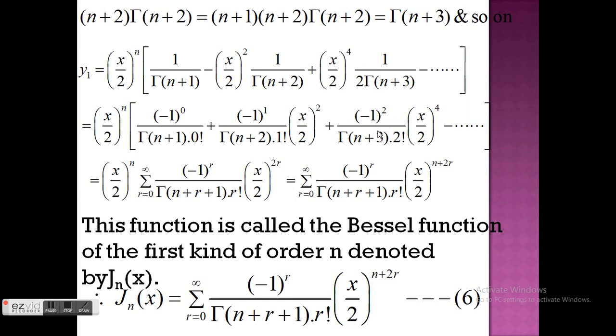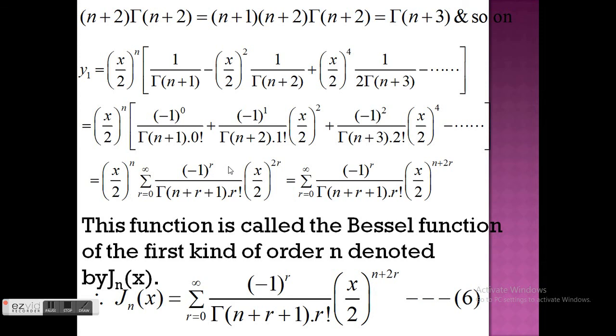Here minus 1 is there, that is minus 1 to the power 1 by Γ(n+2) into 1 factorial, (x/2)^2 as it is. Here plus is there, so let me take minus 1 whole squared into Γ(n+3) into 2, let me write 2 factorial as 2 into 1, (x/2)^4. Okay.